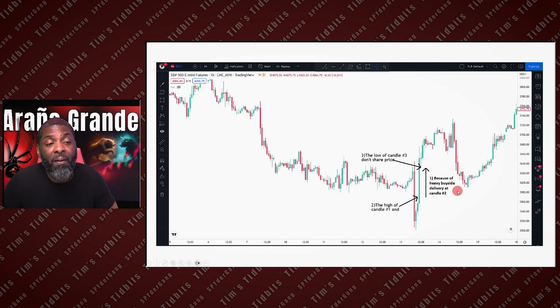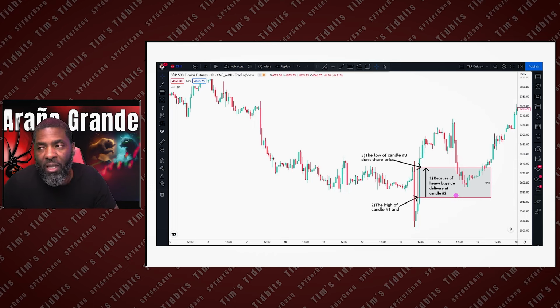Because of heavy buy-side delivery at candle 2, right? The high of candle 1 and the low of candle 3 do not share price. So that space in between the low of candle 3 and the high of candle 1 gives you a bullish fair value gap. If you don't understand it, go back and watch that section again.